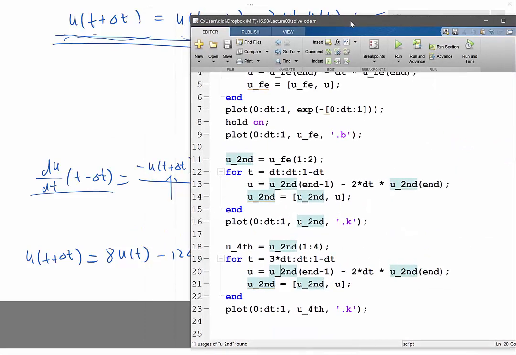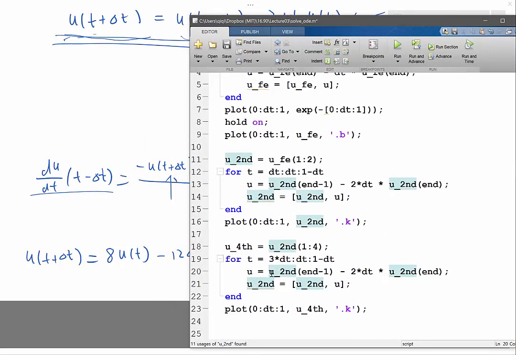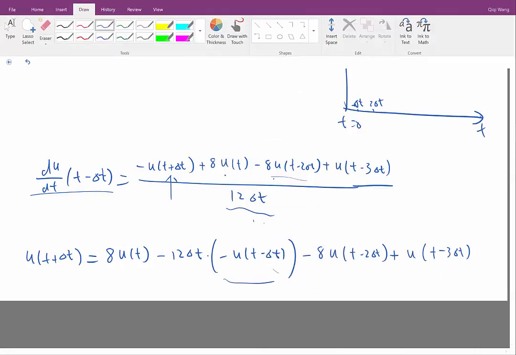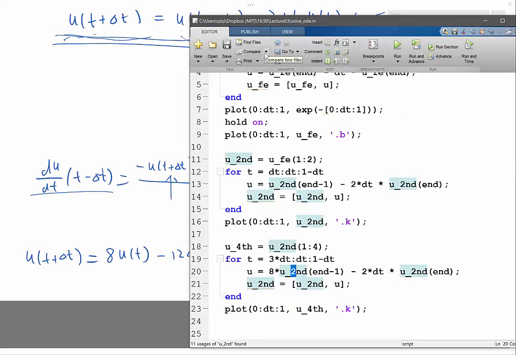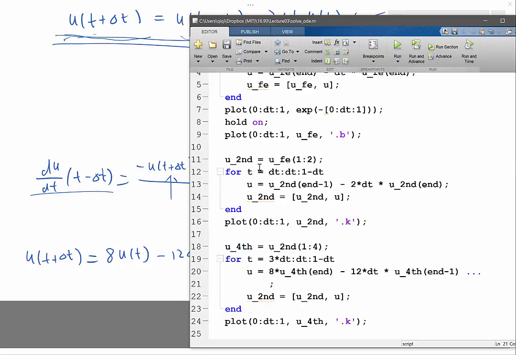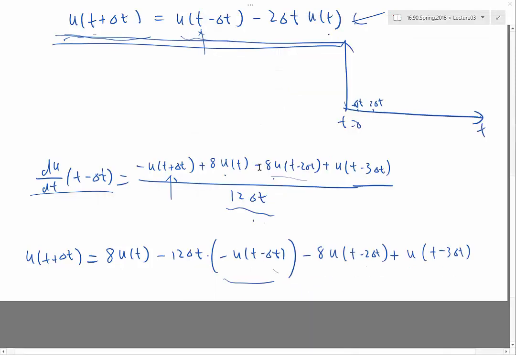So the implementation is, I have 8 times u fourth order at n, right? So that's the first term. I minus 12 times delta t times u of fourth at n minus 1, right? Dot dot dot. In MATLAB, I need to do dot dot dot before I change the line.